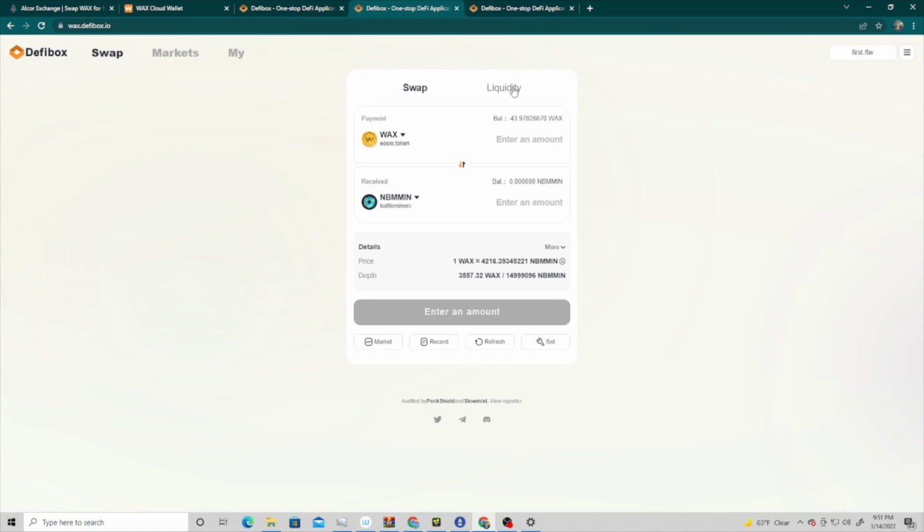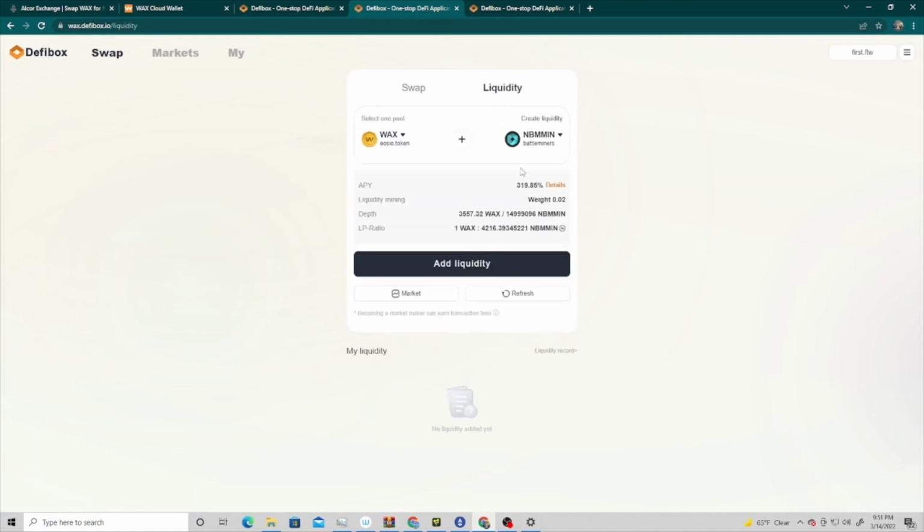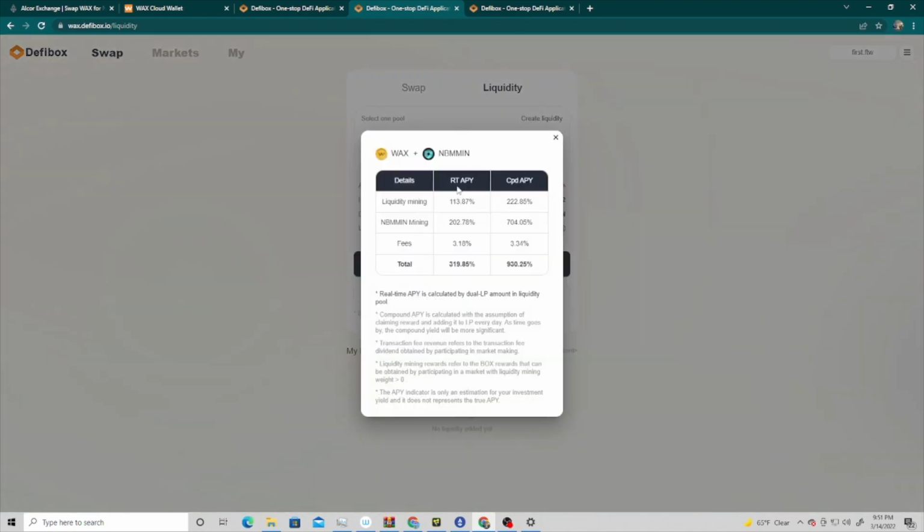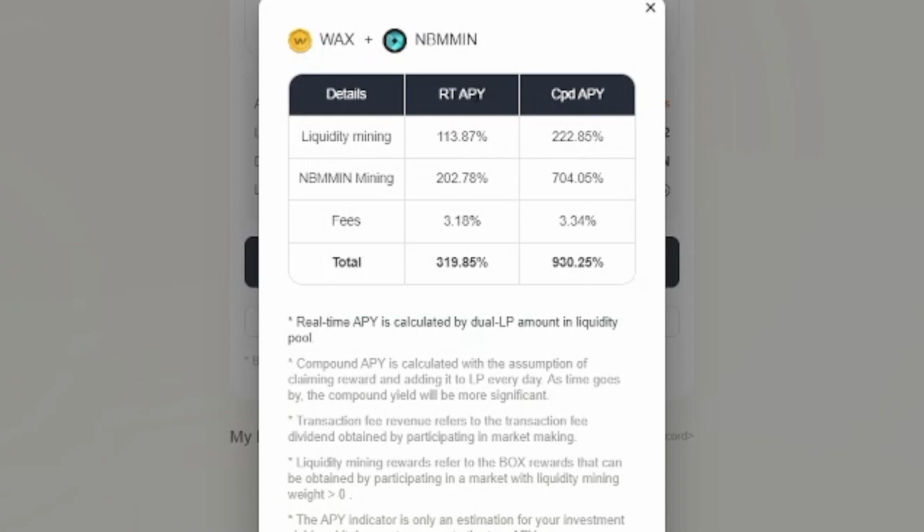If I click on liquidity up here, I can see it has an APY of 319%. And if I click details, I'll see that the RT APY, which stands for real-time APY and is effectively APR, in other words, I suppose. The liquidity mining, so you're earning for supplying liquidity in Wax and NBM token here.